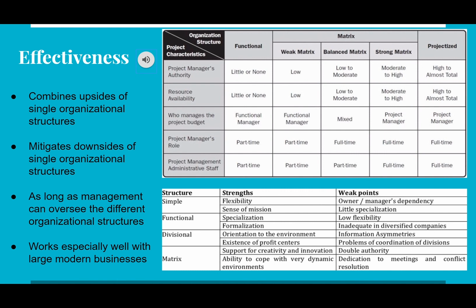Practically speaking, large modern companies will probably want to use composite organization structure. Smaller companies, especially with rather specialized purposes, may opt to simply stick to one of the specific organizational structures for all projects.